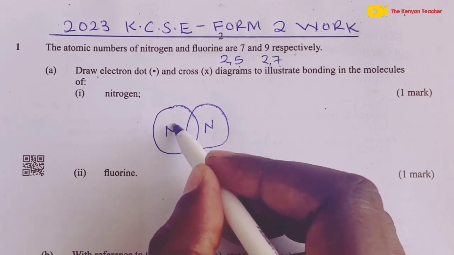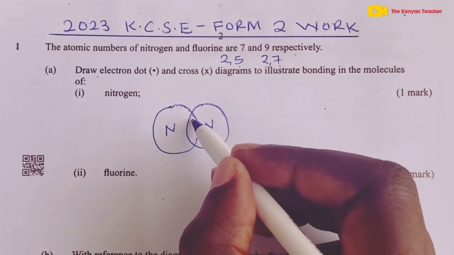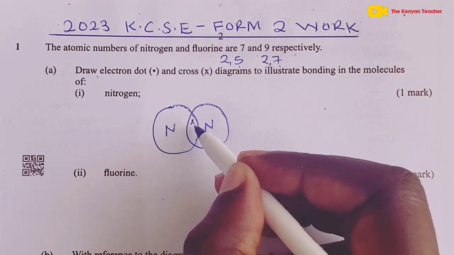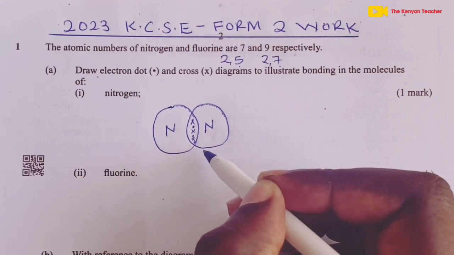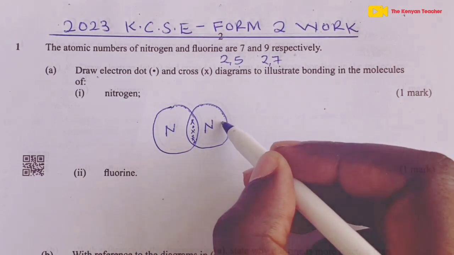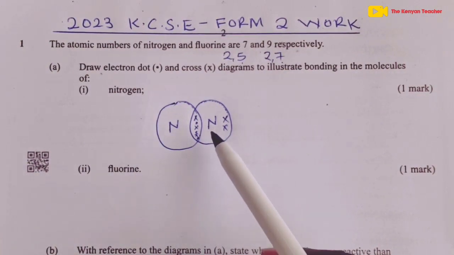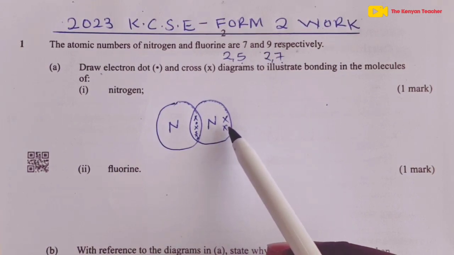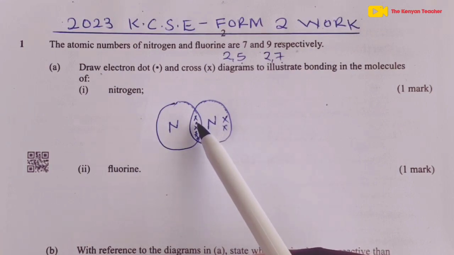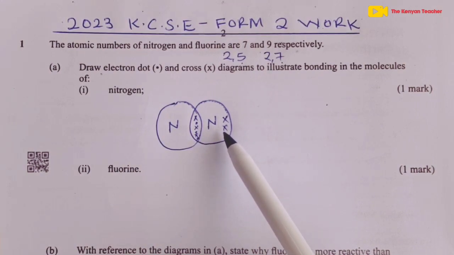Because each needs 3 electrons to be stable, each will also contribute 3 electrons towards the formation of the covalent bond. If we let crosses be the electrons of the atom on the right hand side, we shall contribute 3 toward the formation of the covalent bond, and the other 2 will remain unbonded.